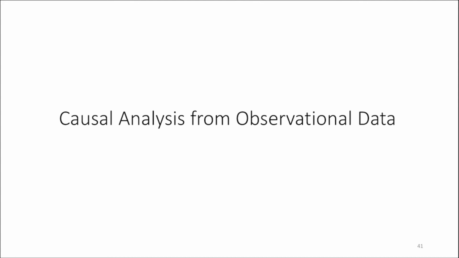So causal analysis from observational data is effectively what we want. We want to see what kind of causal questions we can answer from observational data, knowing either the causal structure or partial knowledge about the causal structure.